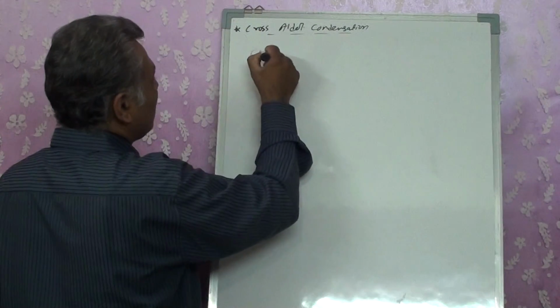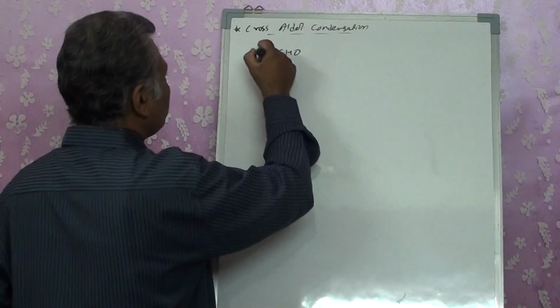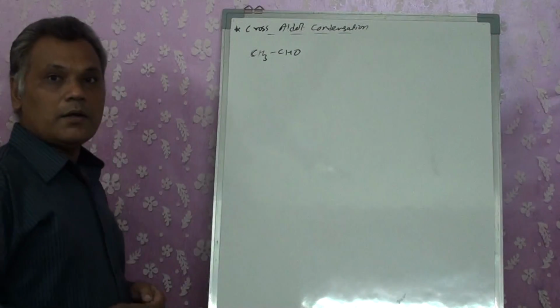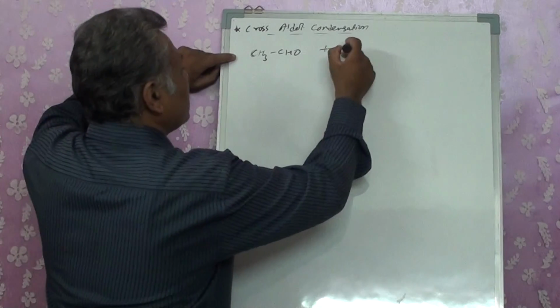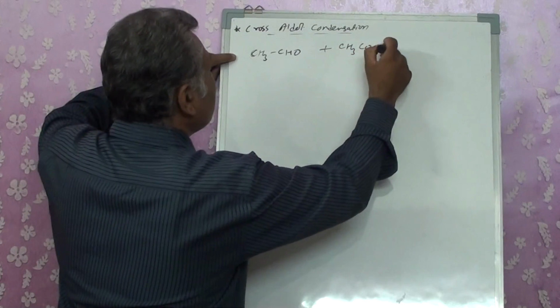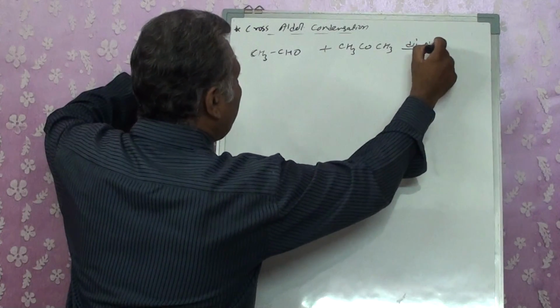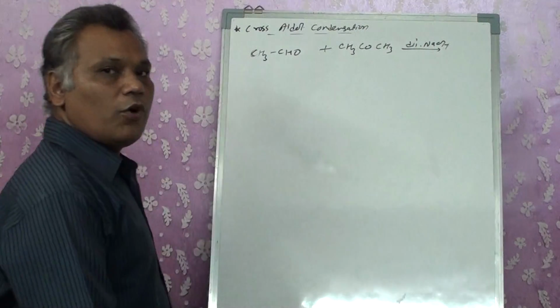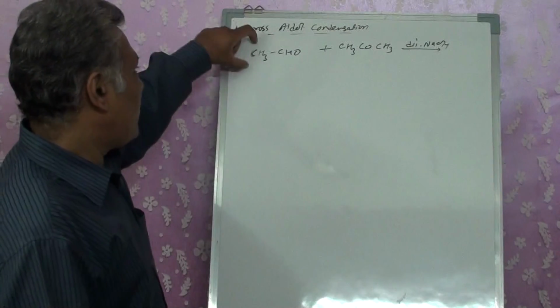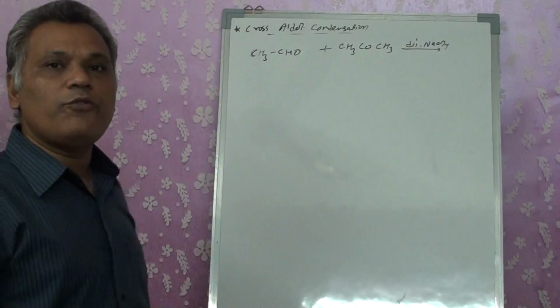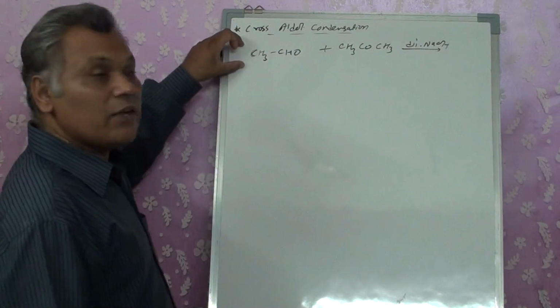We will take one of the molecules as CH3CHO, right? Another molecule we will take as CH3COCH3, with dilute NaOH. Now see, we already studied that if I have this molecule, it will itself go for the reaction, that is self aldol.